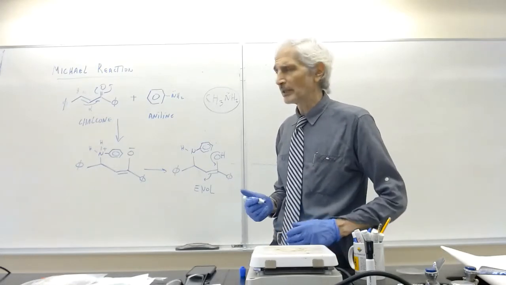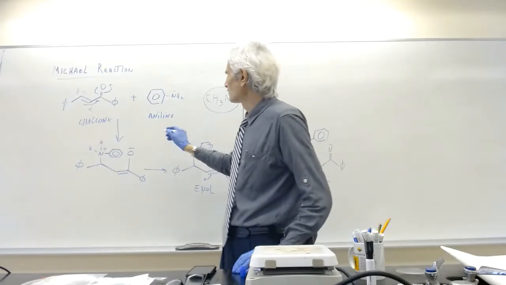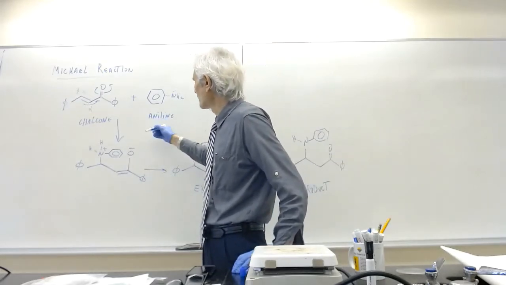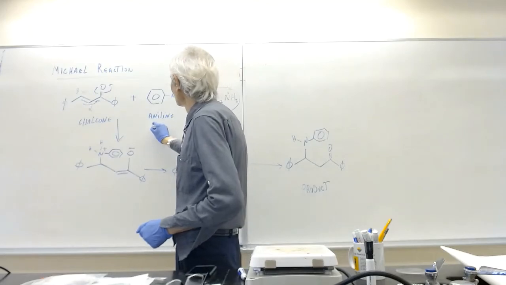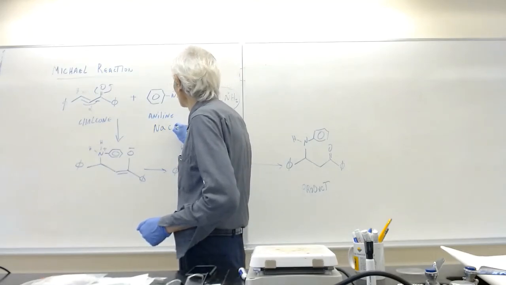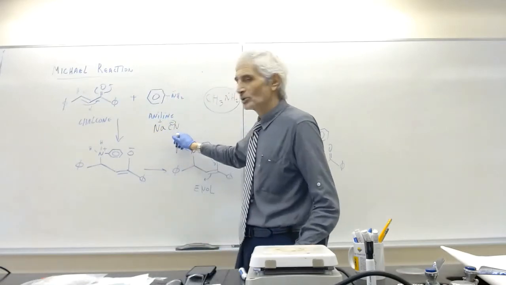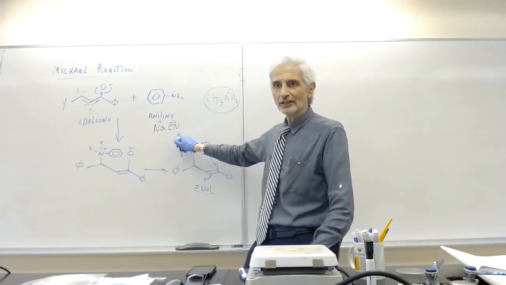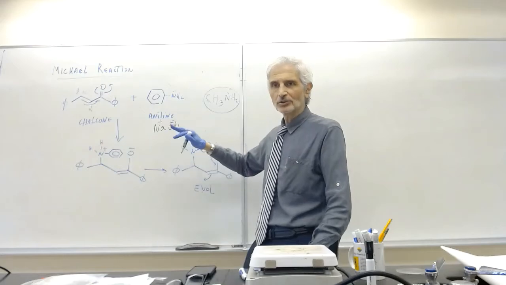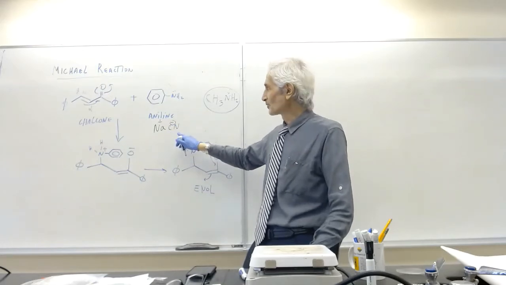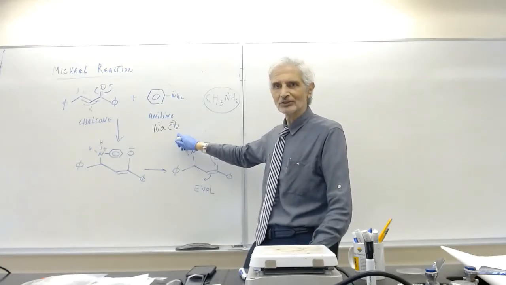There are other weak bases. Let's say if you were to treat this with sodium cyanide, if our nucleophile was cyanide, which happens to be a superb nucleophile, but it's also an exceedingly weak base, right?